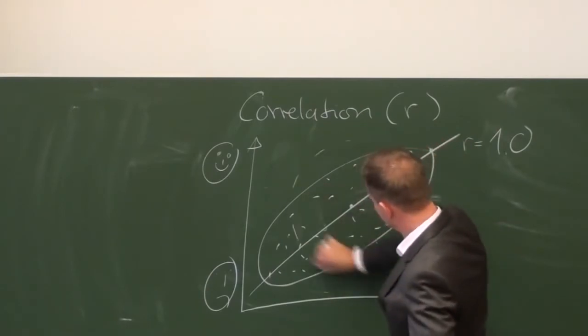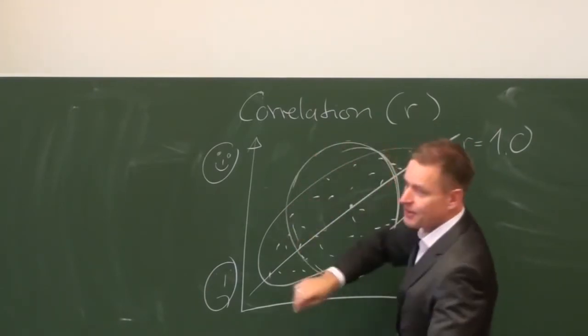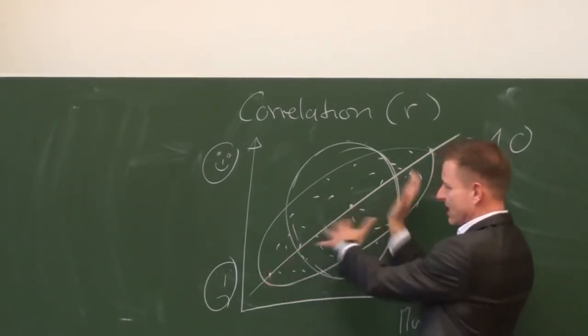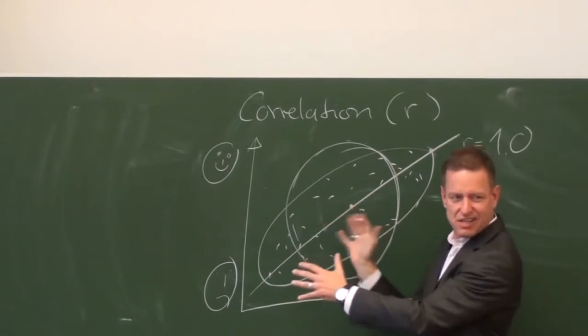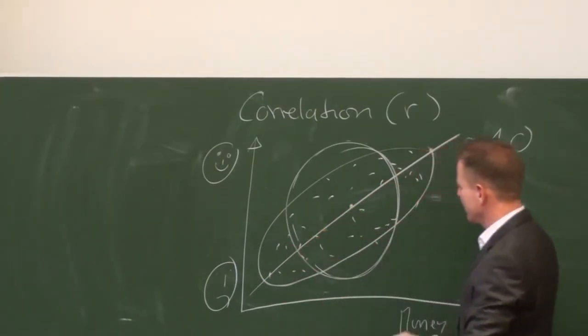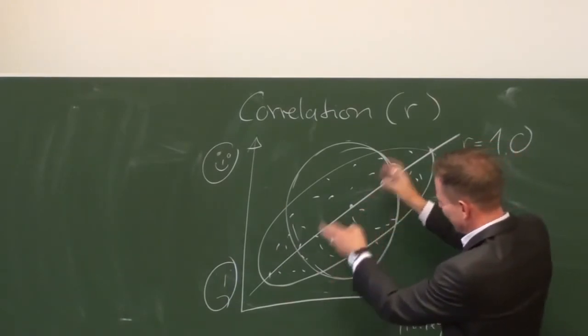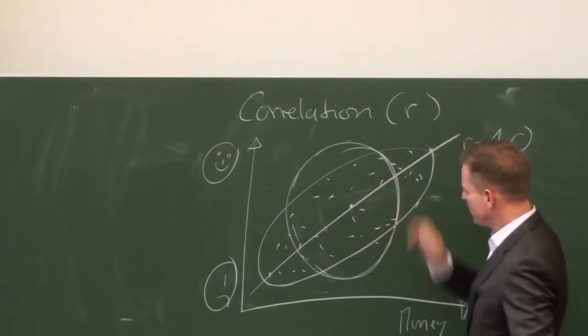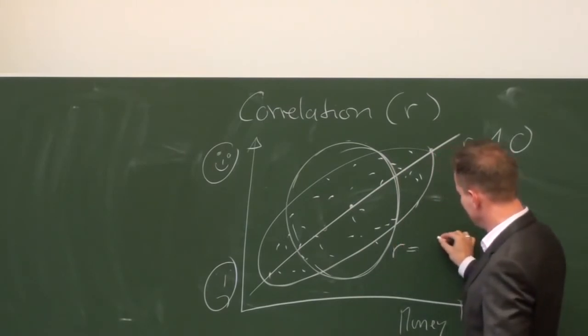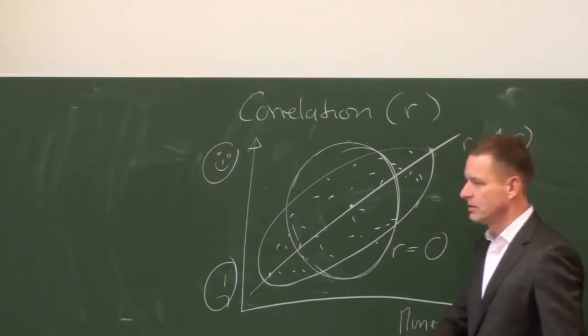Yes, the dots would be spread around the middle somehow. No direction, nothing, no relation at all. Just a randomized cloud of dots. If this would be the case, correlation would be, yes, 0.